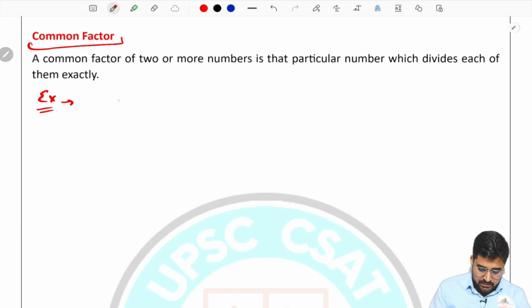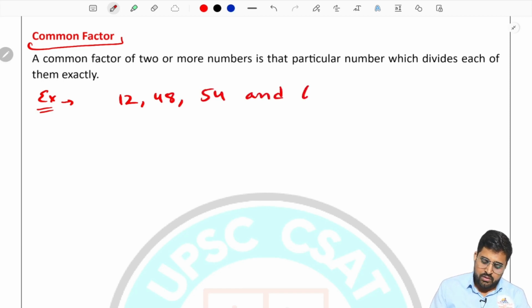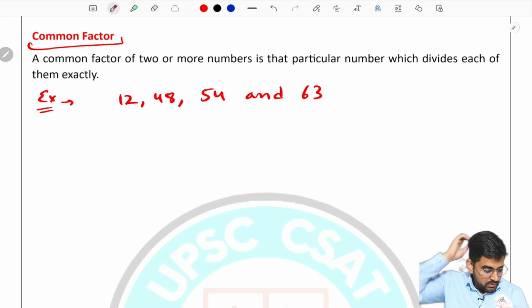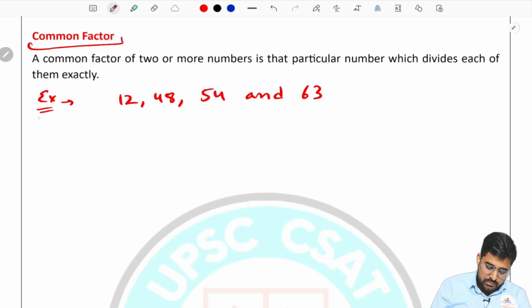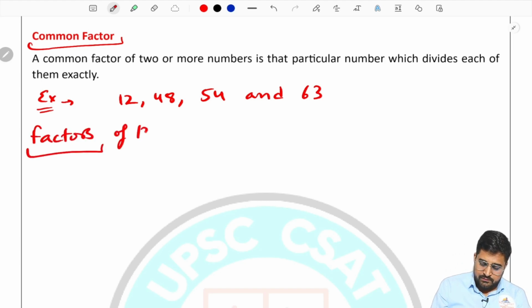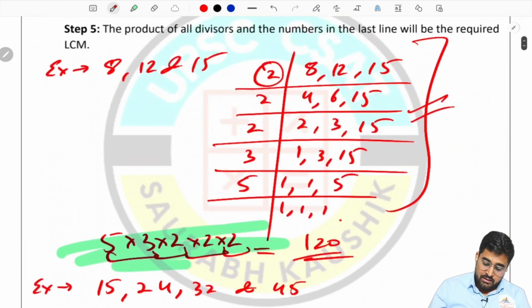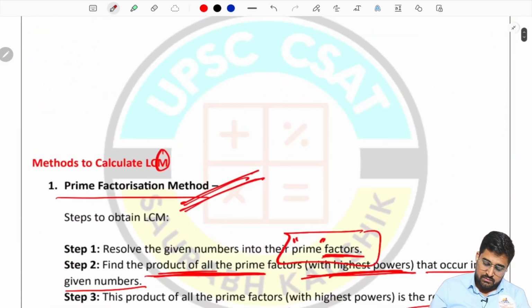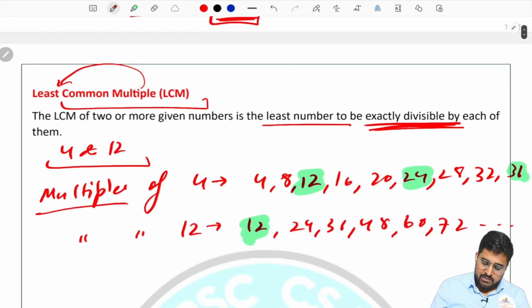Let's start with an example. For example, we have to take common factors of 48, 54, and take some odd one, 63. Okay, so please tell me the factors of 12. In the above questions, we talked about the multiples.